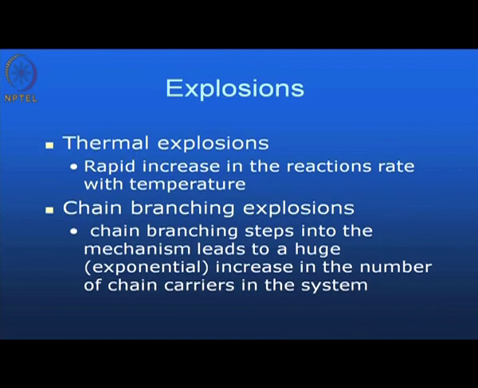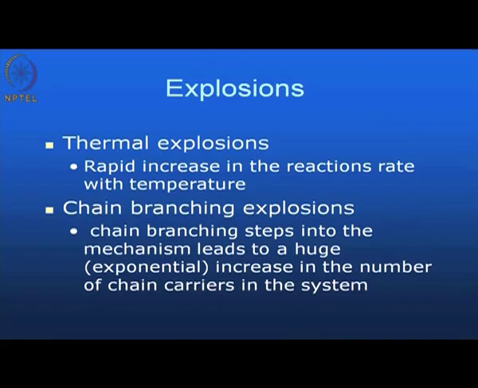Explosion. So, what is meant by explosion? This can be thermal explosion, a rapid increase in reaction rate with temperature. Or explosion may happen as a result of chain branching.